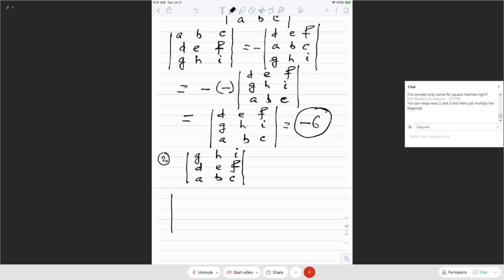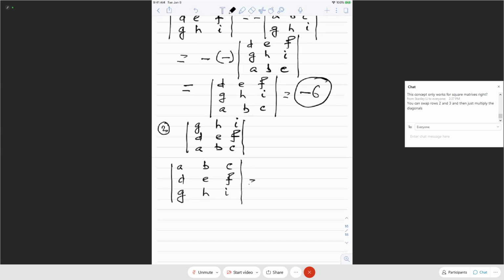Okay, let's see. Our friend says that this is plus 6. Minus GHI, DEF, ABC. Our friend seems to be correct. And this is exactly what we wanted to find out.